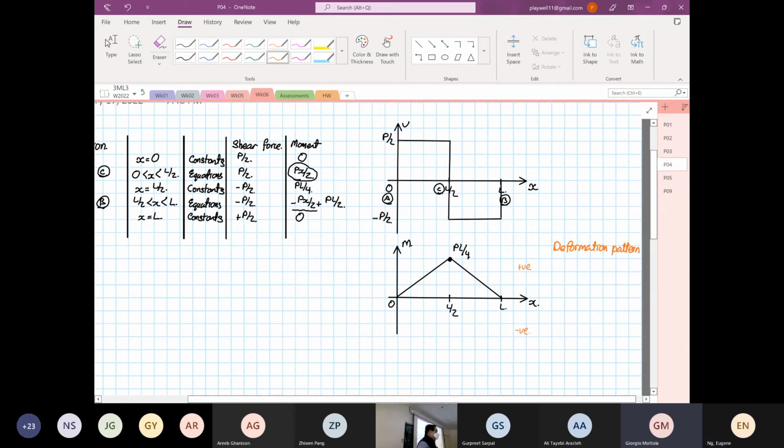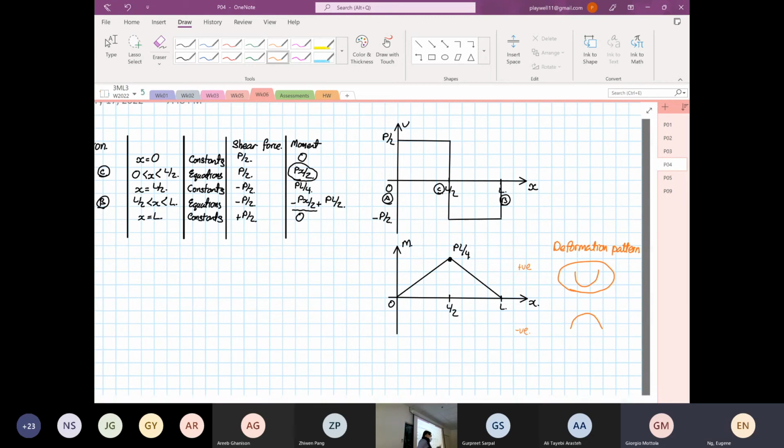If the deformation pattern is a smiling face, the moments will all be positive. If the deformation pattern is a sad face, they will be negative. For this problem that we are solving, our deformation pattern is what? A smiling face. That's why I focus the moment on the positive side.